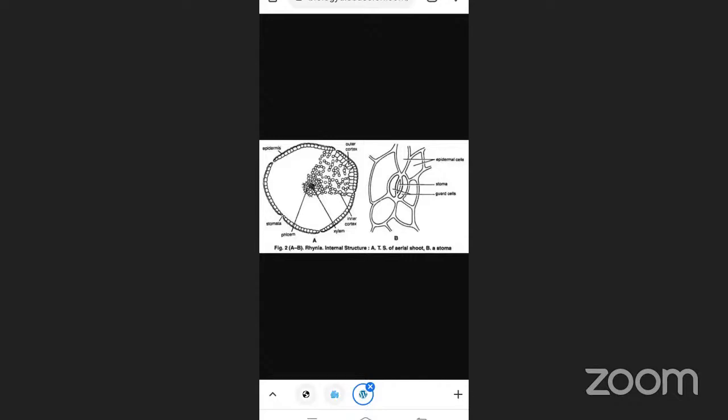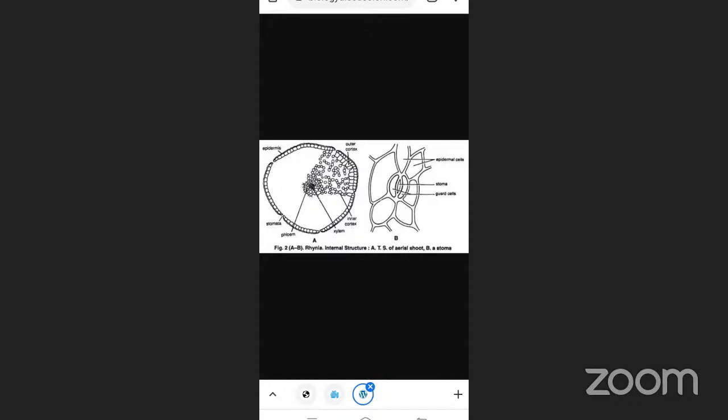The inner cortex was several layered, with intercellular spaces, and was probably the photosynthetic tissue. Endodermis and pericycle, which separate the cortex from the stele, are absent here; they are not clearly visible.